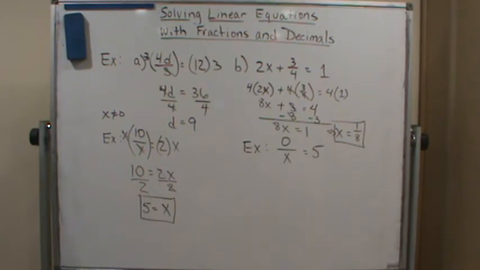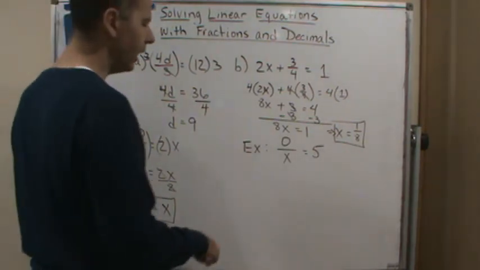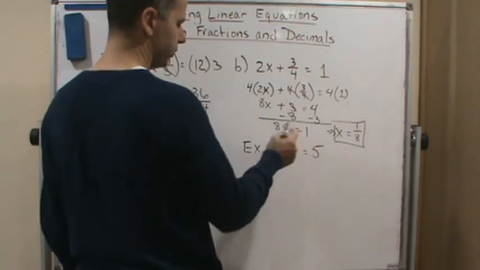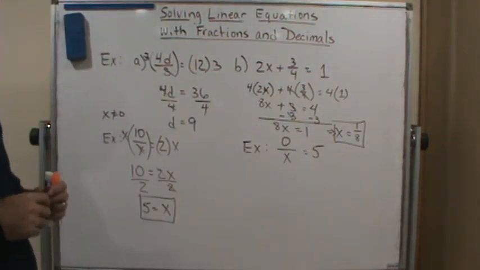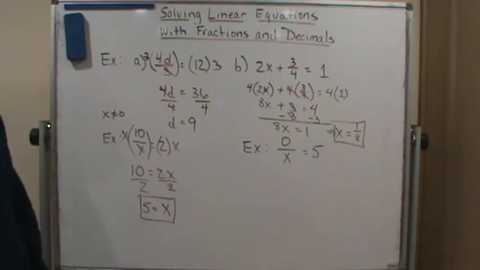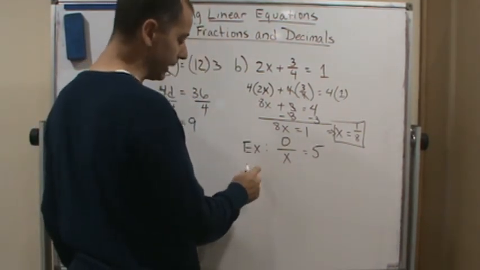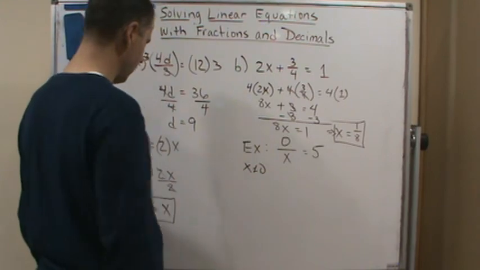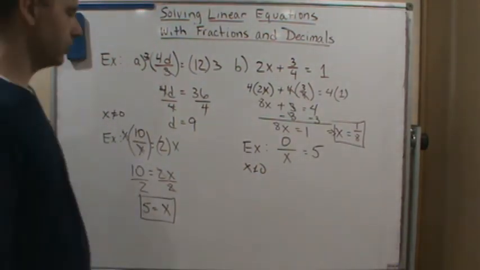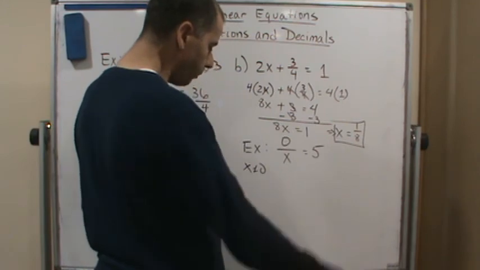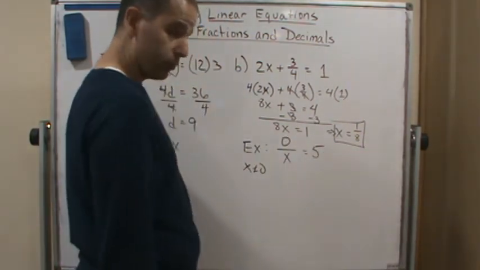Now let's do this one here. We've got 0 over x equals 5. Immediately some of you might be looking at this and thinking, well, that can't work. Is there a number that I can divide 0 by that will give me 5? No, of course not. But let's work this out. First of all, x is in the denominator, so we know x cannot be 0. But let's multiply both sides by x.